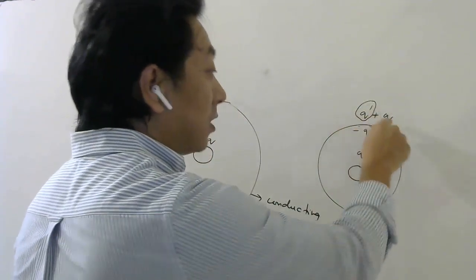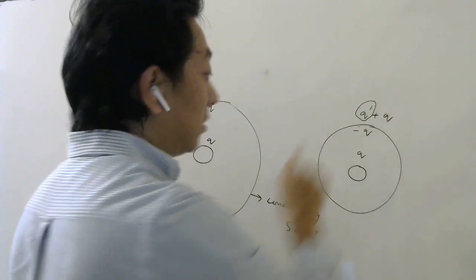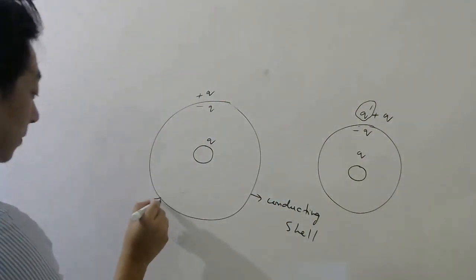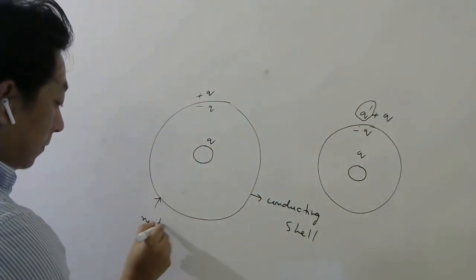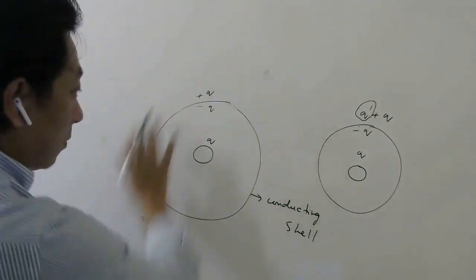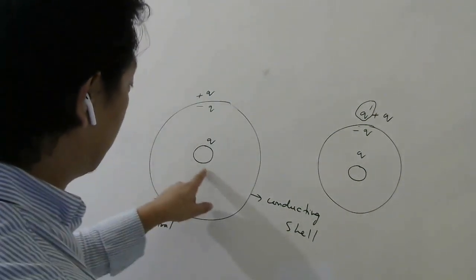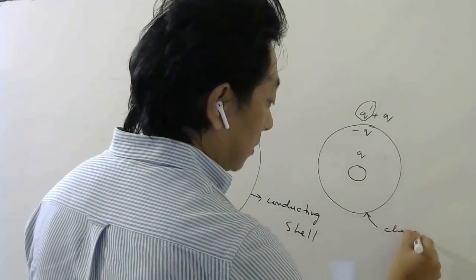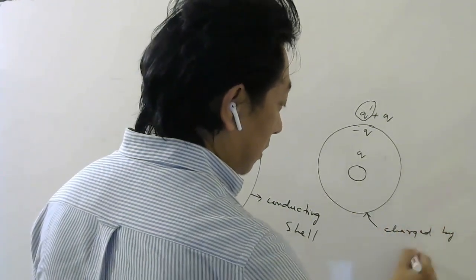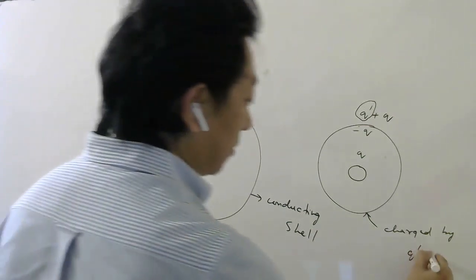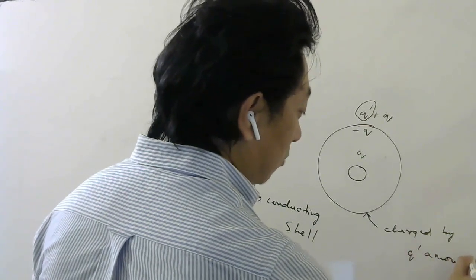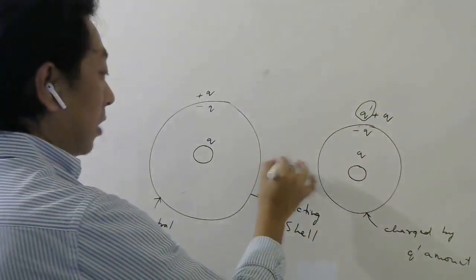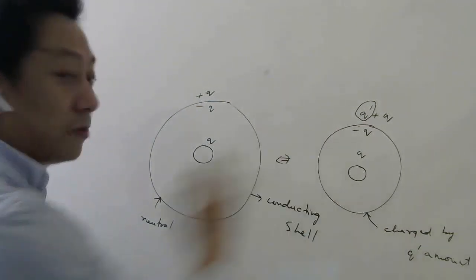Q dash plus Q. So the total will be Q dash. Here the shell was neutral when I put it around this charge, but here it was already charged by Q dash amount. I hope you can see the difference between these two.